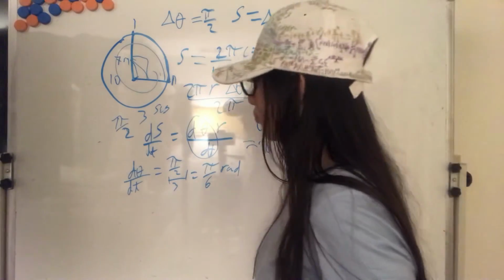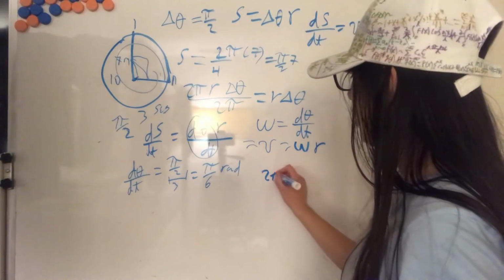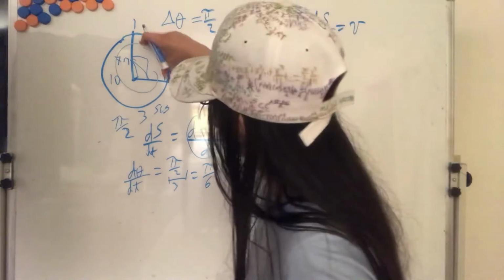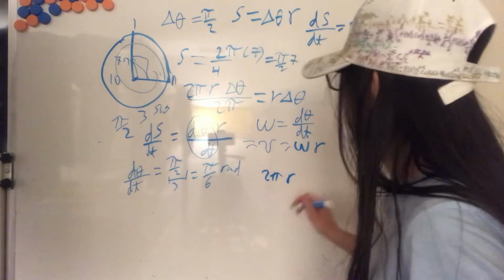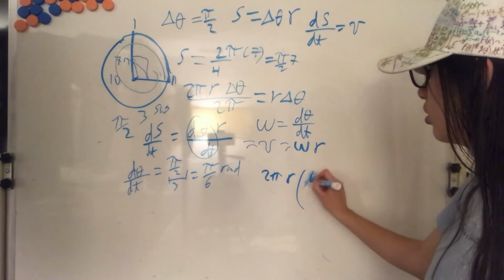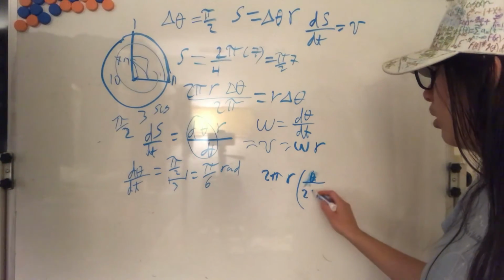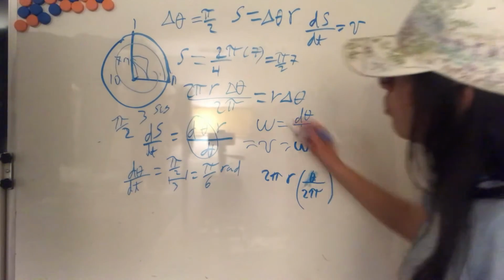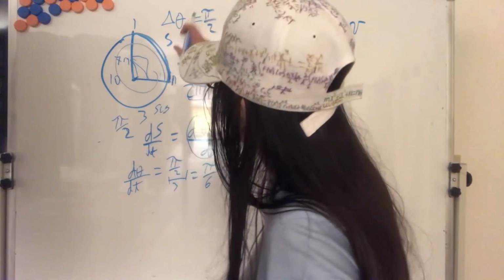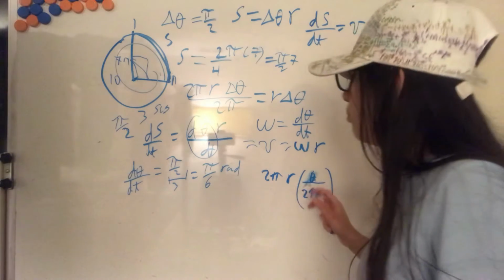So this distance is 2 pi r times the fraction of what is this over the entire circle, so times the fraction theta over 2 pi. This will give me this distance, the displacement, and then I will divide this by the time.